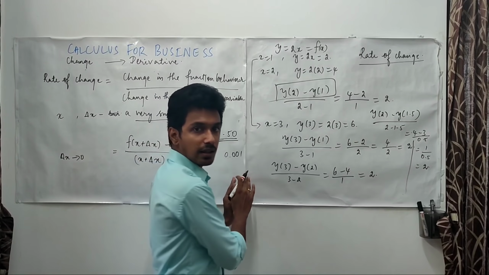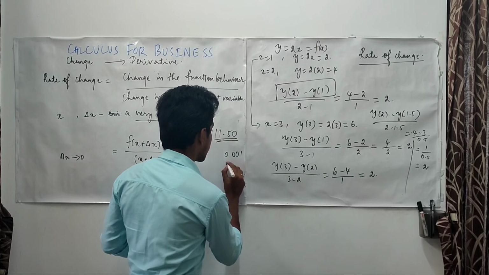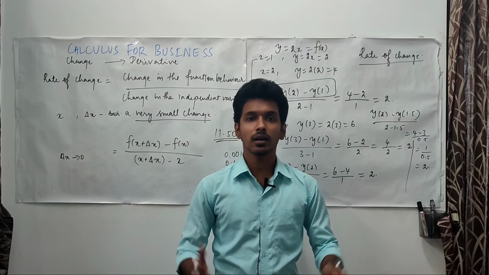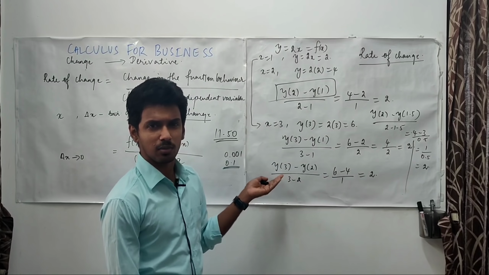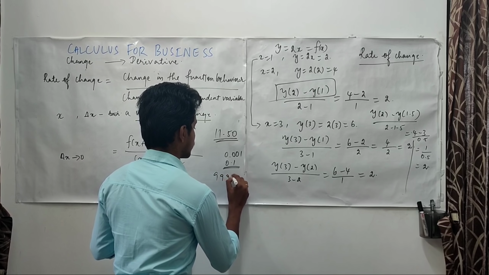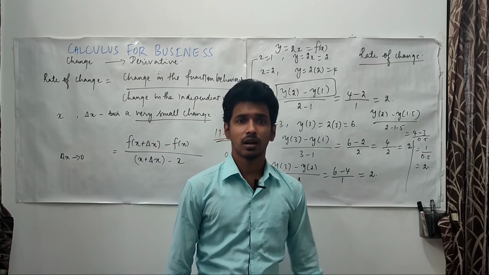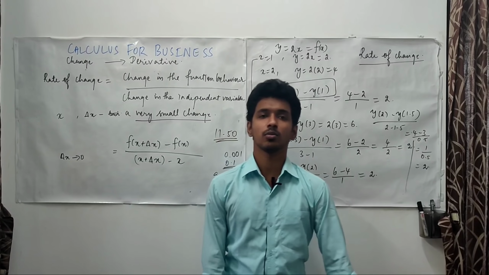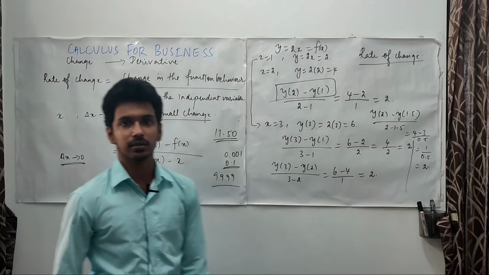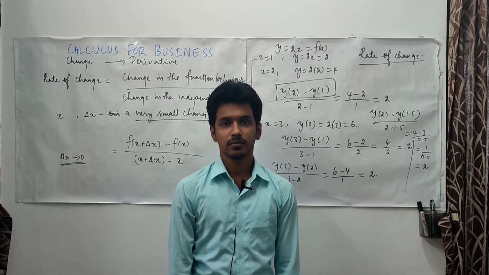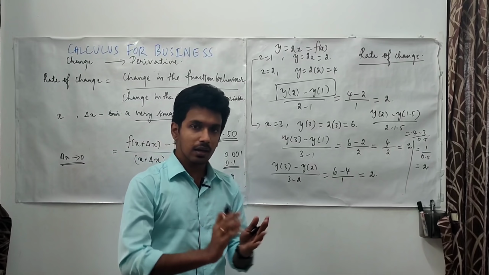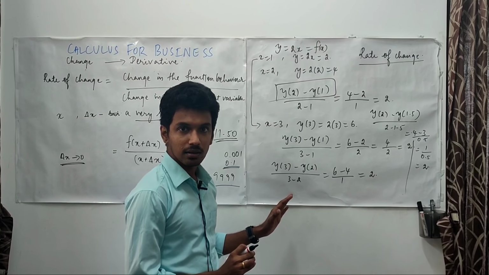If this is the case, I can take this to be small, whereas I cannot take this to be a small quantity. That 10 paise matters to me. Whereas if I am running an MNC, I don't care about paise and all. If I have to give someone 9,999, I would give them 10,000. That 1 rupee doesn't matter to me much. So this approaching 0 depends on the cases, based on the functions, right? So simply we cannot generalize these things.